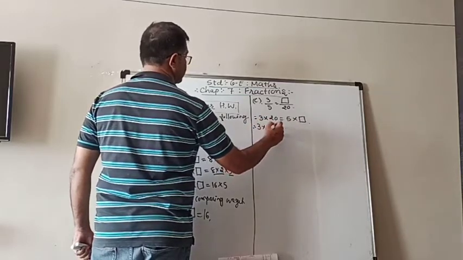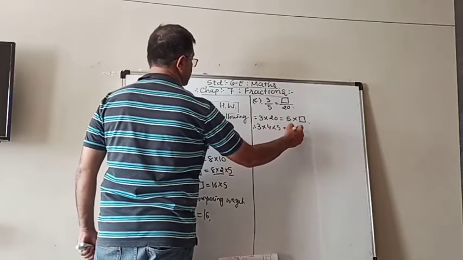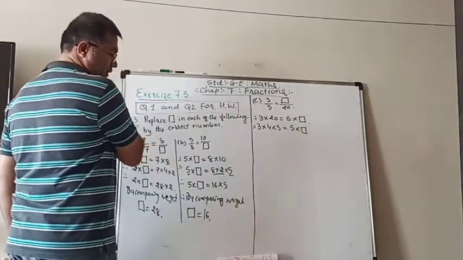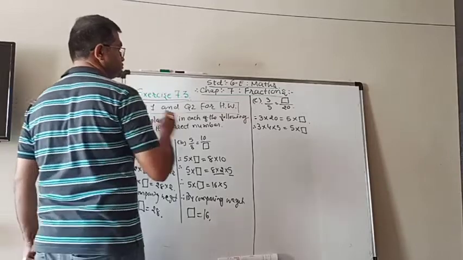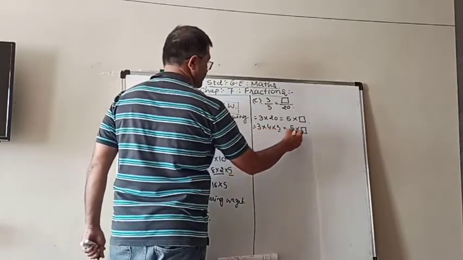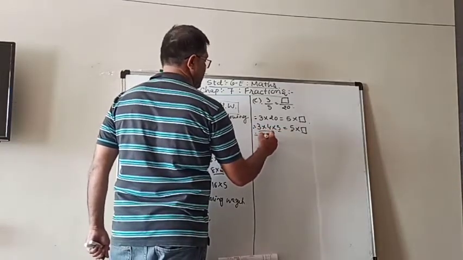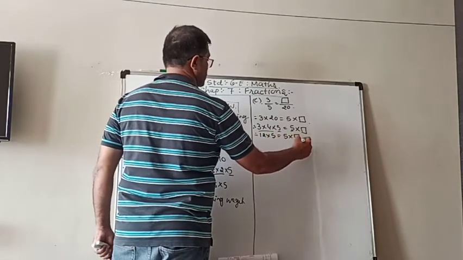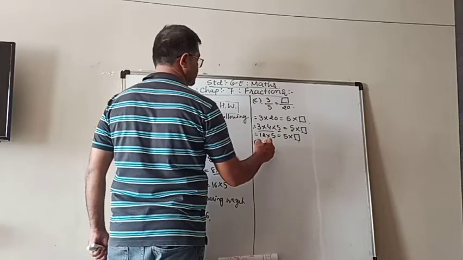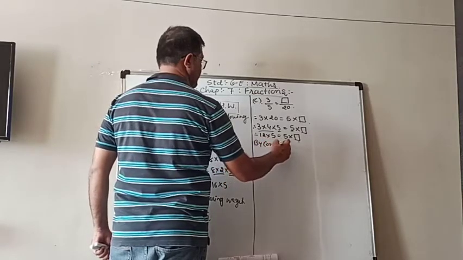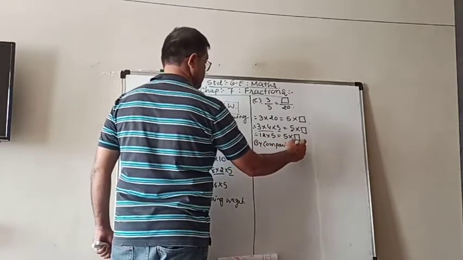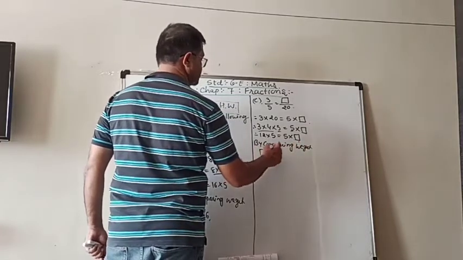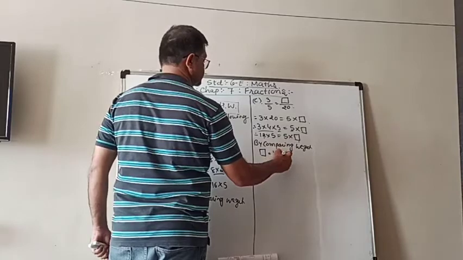So 3 multiplied by 4 multiplied by 5 is equal to 5 multiplied by box. Now 5 we will keep alone. So 12 multiplied by 5, 5 multiplied by box. So by comparing, we get box is equal to 12.